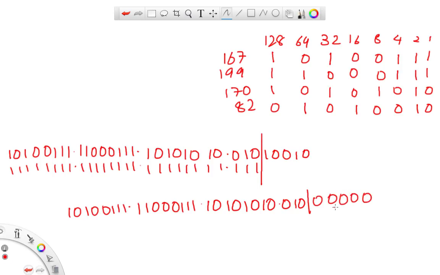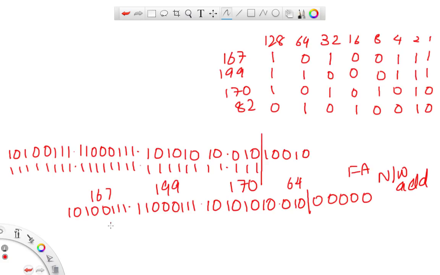This is your first address. Now calculate the whole number. We know this is 167, 199, 170. Now how much is the last part? There's a 1 here, right? So it's going to be a 64. So this is your first address and also your network address.